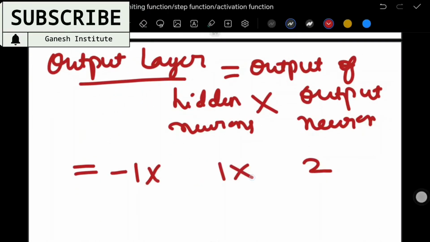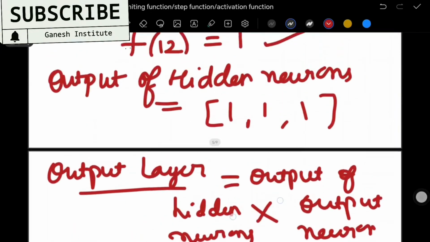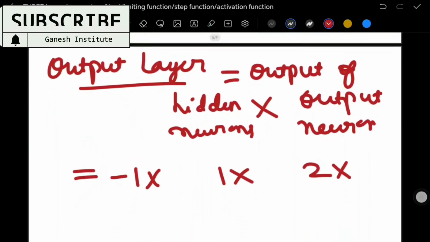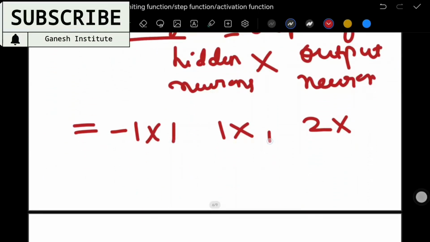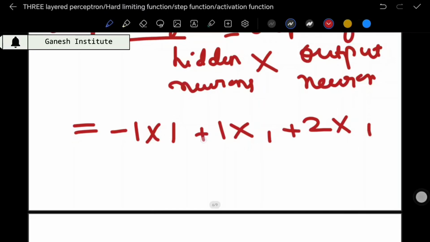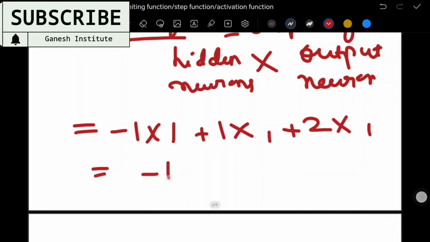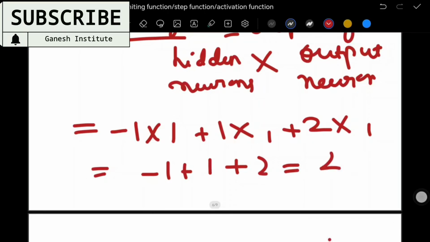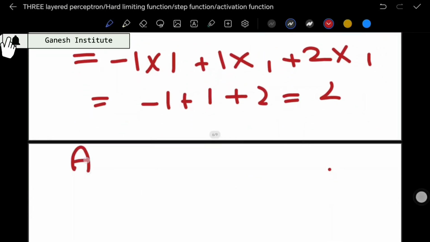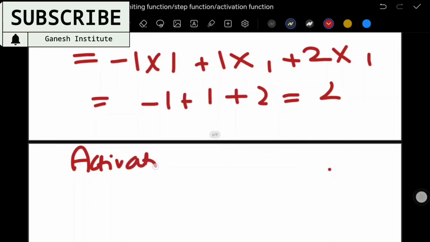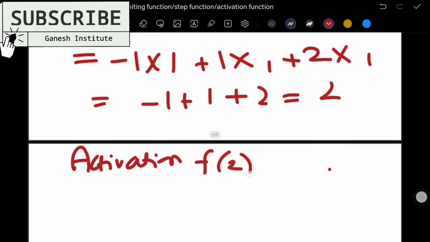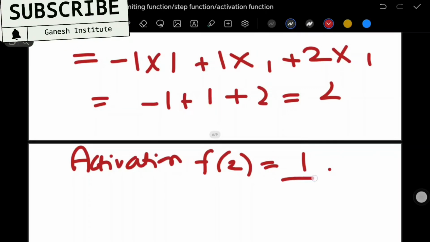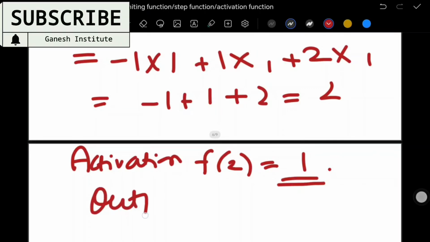You have to multiply it with the output of the hidden neurons, which you've got as 1 1 1, and add them up. So -1 plus 1 is 0, plus 2 is 2. You've got 2. So the activation becomes f(2), which is again greater than 0, so the answer is 1. We can say that the output of this 3-layer perceptron is 1.